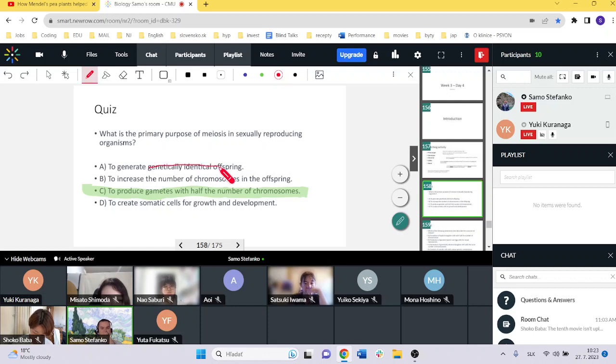Perfect, exactly. Because genetically identical cells are the outcome of what? Not meiosis, but genetically identical daughter cells are the outcome of what?